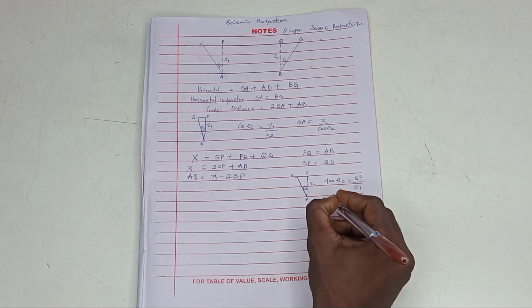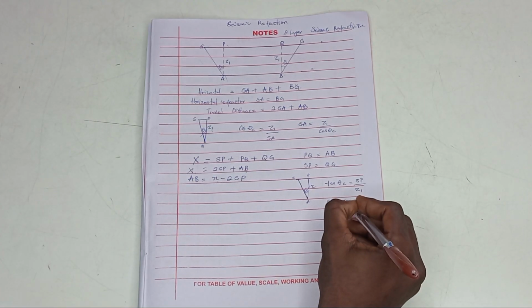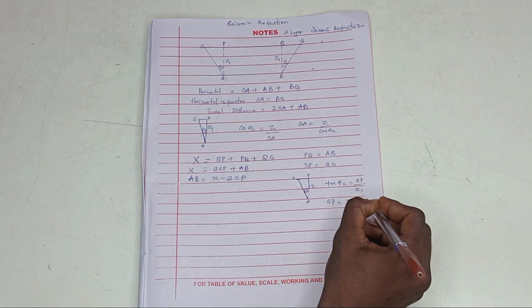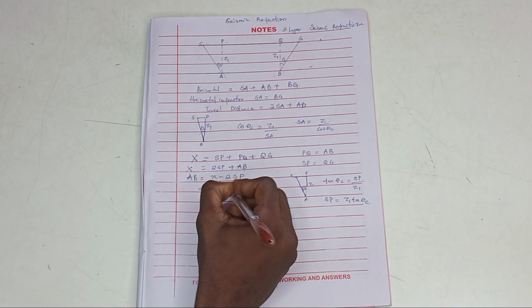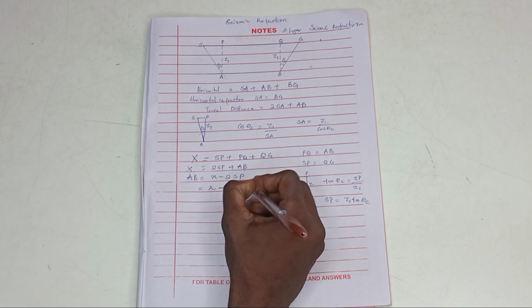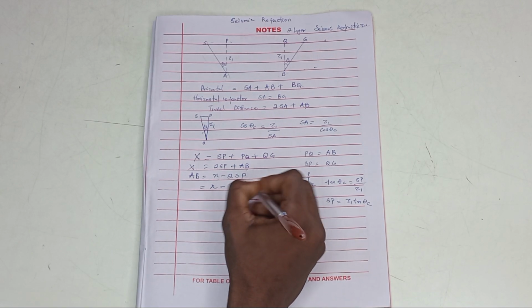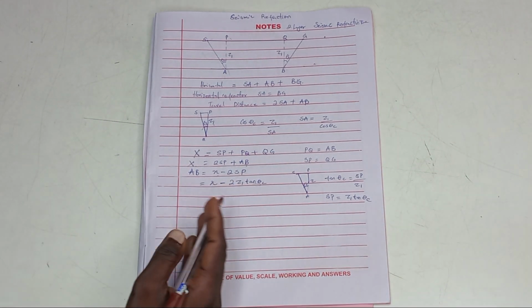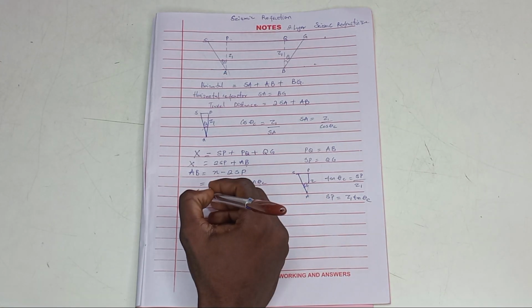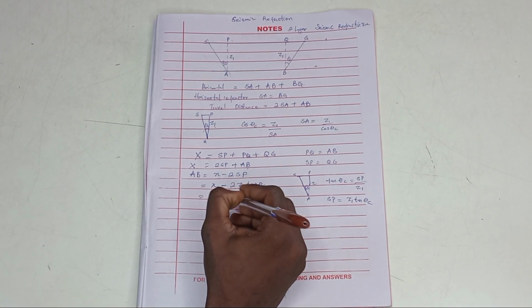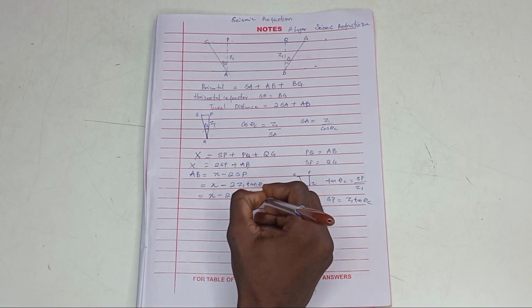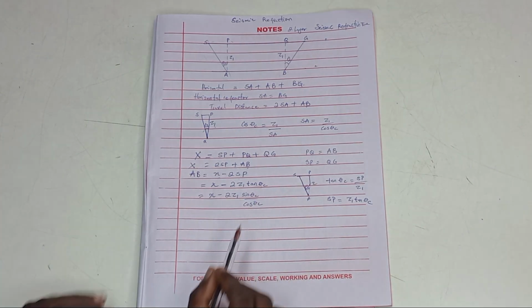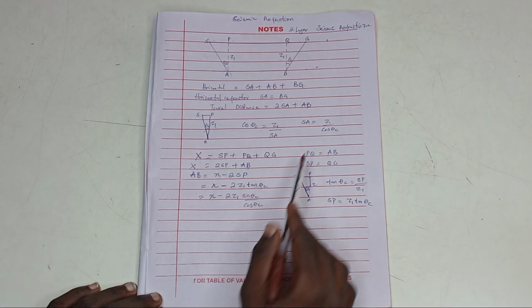So SP is equal to Z1 tan theta C. So now we write AB is equal to X minus 2Z1 tan theta C. What is tan theta? Tan theta is sin theta over cos theta. So AB is equal to X minus 2Z1 sin theta C over cos theta C.